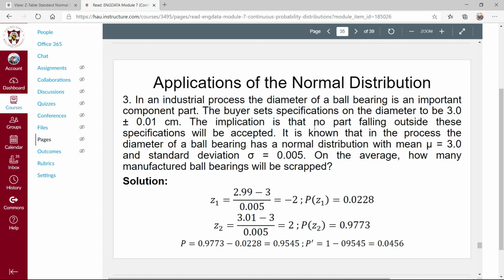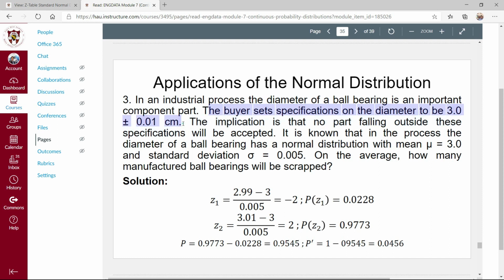The implication is that no part falling outside these specifications will be accepted. It is known that in the process, the diameter of the ball bearing has a normal distribution with mean of 3 and standard deviation of 0.05. On the average, how many manufactured ball bearings will be scrapped? So you'll have your limits here.